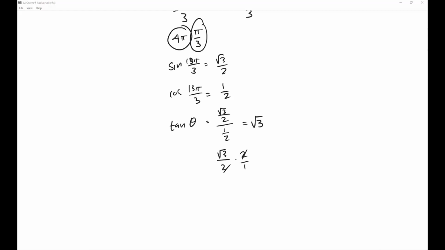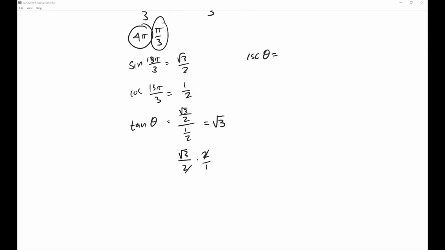The cosecant, which is the reciprocal of sine, is 2 over radical 3, which if you multiply both sides by radical 3 over radical 3, is 2 rad 3 over 3. Secant theta is equal to 2.